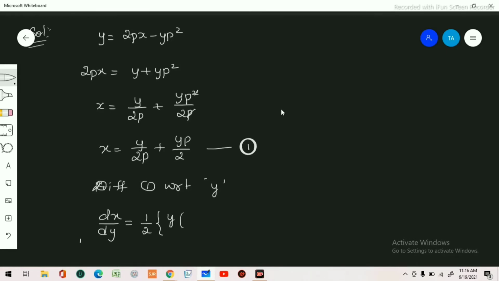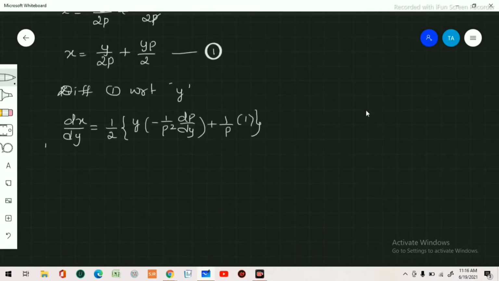Differentiation of second function I'm writing as minus 1 by p square dp by dy. Second function is 1 by p. First function is y, its differentiation is 1. Is it clear, the first part? Yes, sir.